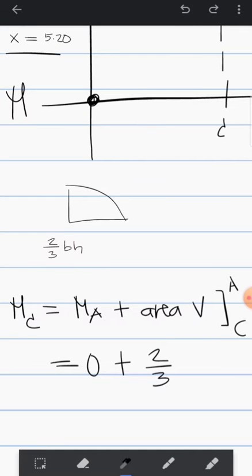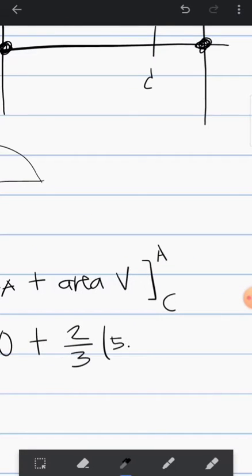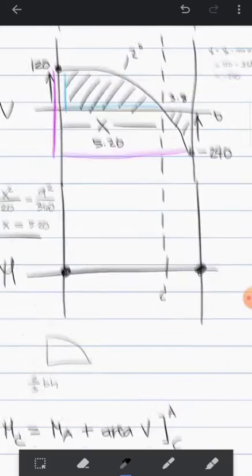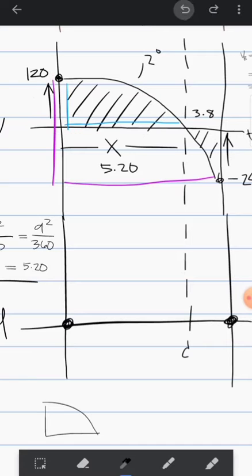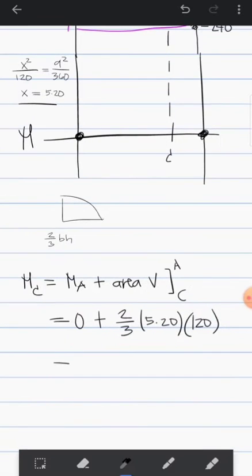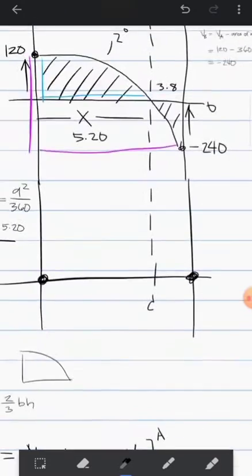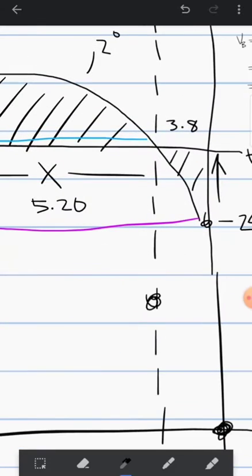The base is 5.20 times the height 120. Therefore, MC is 416.